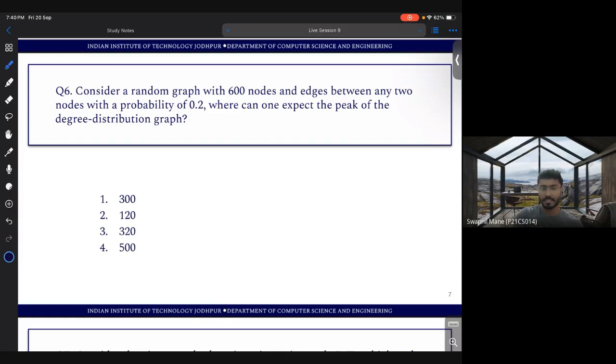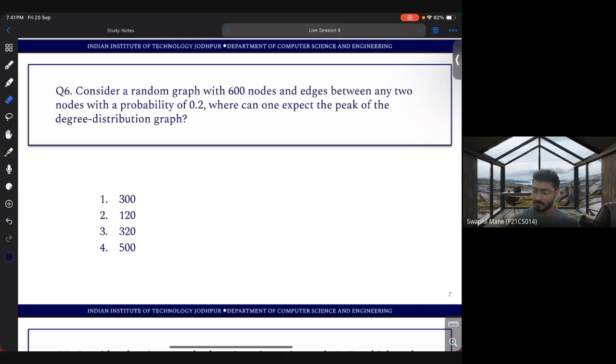Can anyone explain which distribution this random graph can follow? Is it a normal distribution or bell curve distribution, or a power law distribution? As we have seen, Erdos-Renyi, which is a random graph generator model, follows the normal distribution, not the power law distribution.